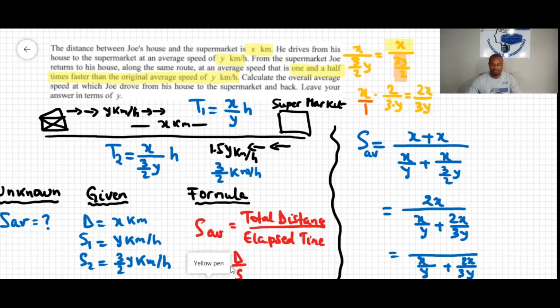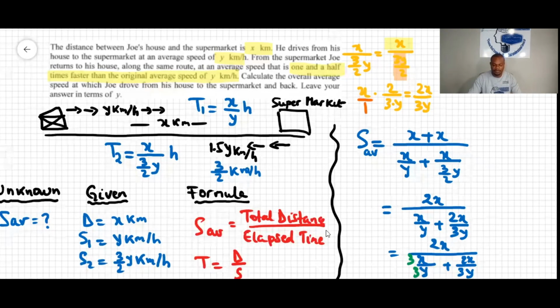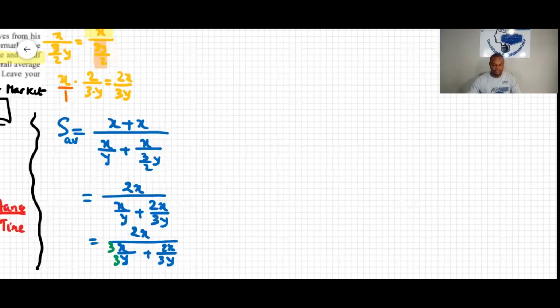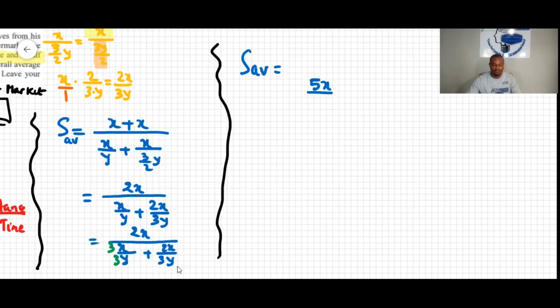So I can multiply here by 3 and here also by 3 to make my fractions the same. And then this will be all under 2x. Now the average speed will be equal to, at the denominator we have now 5x over 3y, all under 2x.